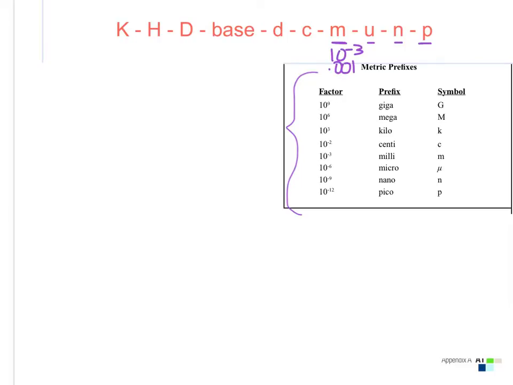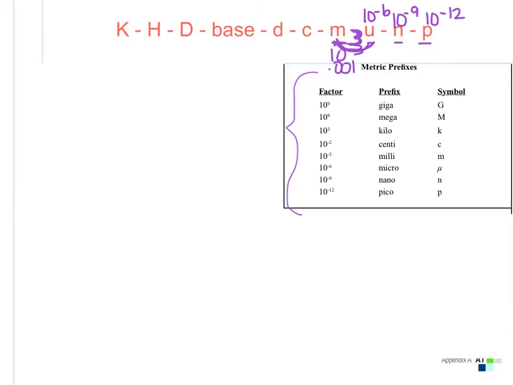But we jump to 10 to the negative 6th for micro, 10 to the negative 9th for nano, and 10 to the negative 12th for pico. That means that if you're going from milli to micro, you're moving your decimal 3 spaces to the right, and micro back, same thing.